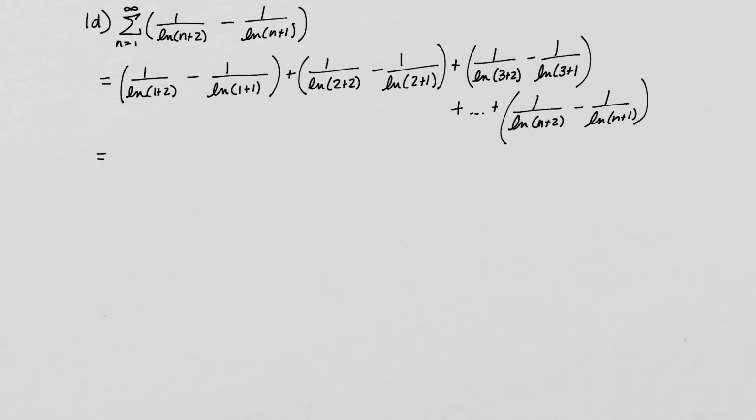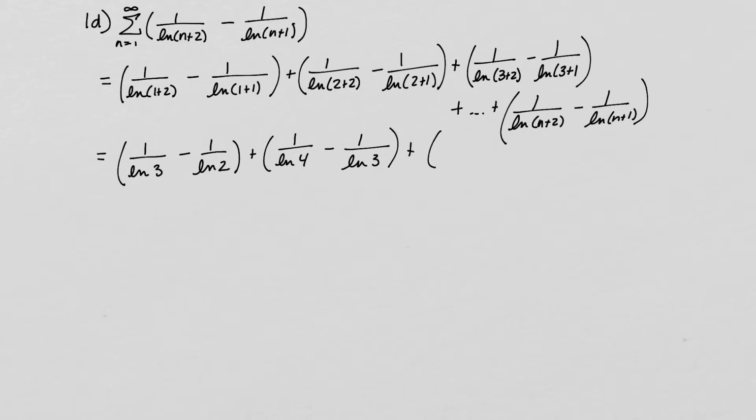Okay, so if I work this out, I have 1 over the natural log of 3 minus 1 over the natural log of 2, plus 1 over the natural log of 4 minus 1 over the natural log of 3, plus 1 over the natural log of 5 minus 1 over the natural log of 4, plus 1 over the natural log of n plus 2 minus 1 over the natural log of n plus 1.